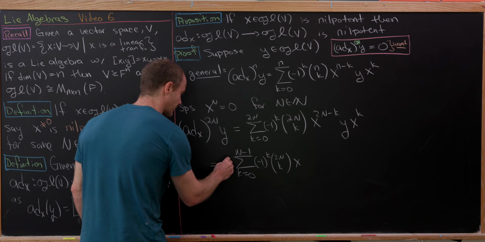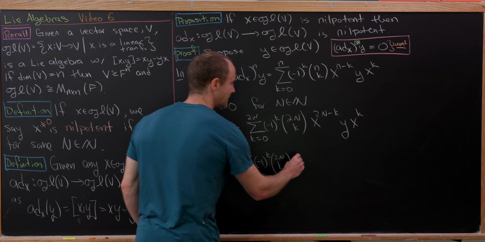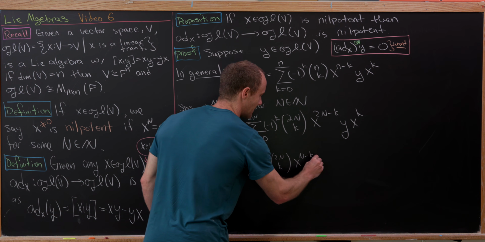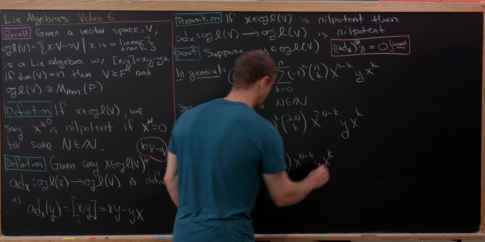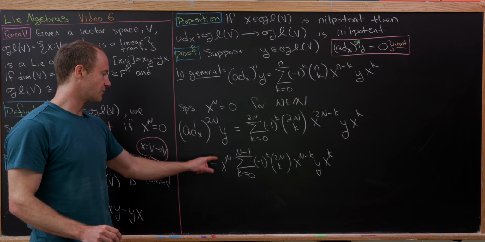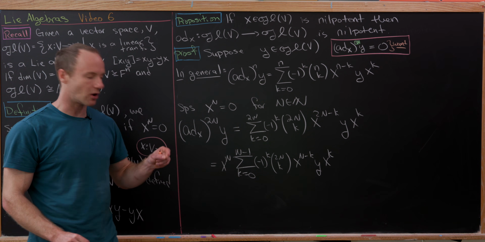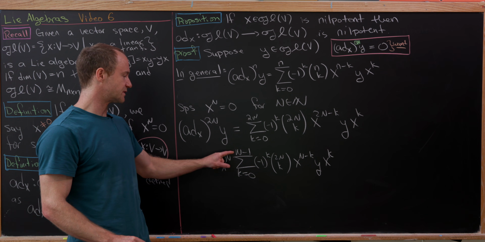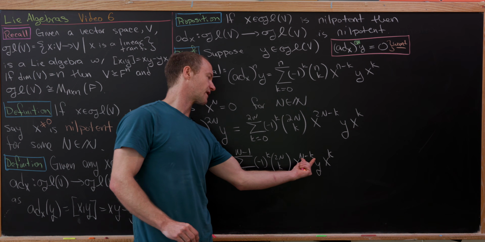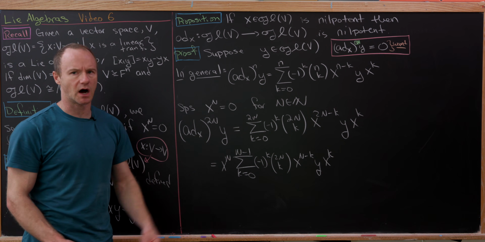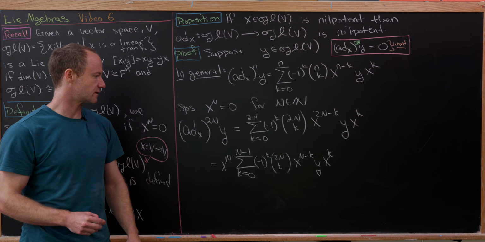So I can pull that out front. So we've got x to the n, and now here we'll have x to the n minus k, y, x to the k. Again, notice if we multiply this x to the n through, we'll get x to the 2n minus k. And also, because here k is between 0 and n minus 1, we're guaranteed that that's a non-negative power of x, which is important.